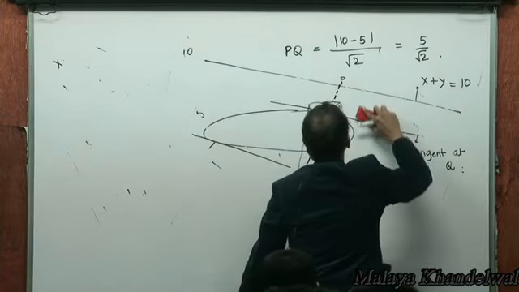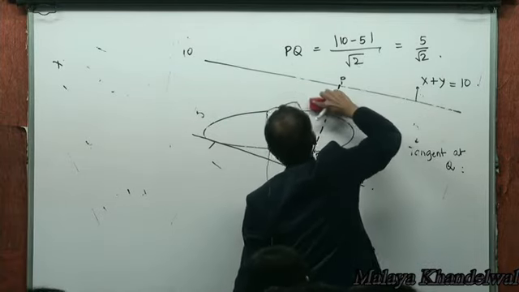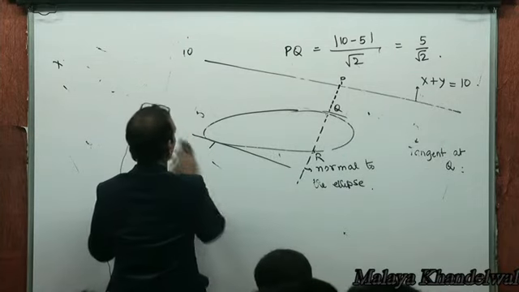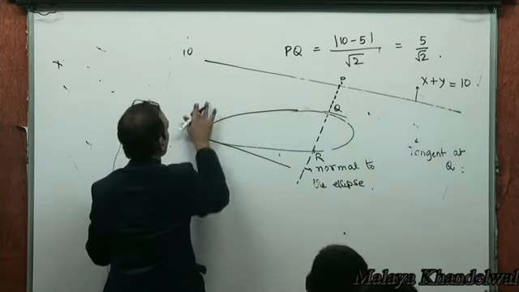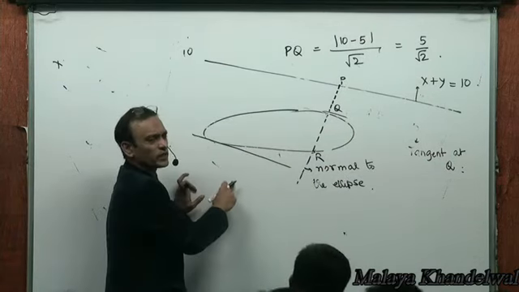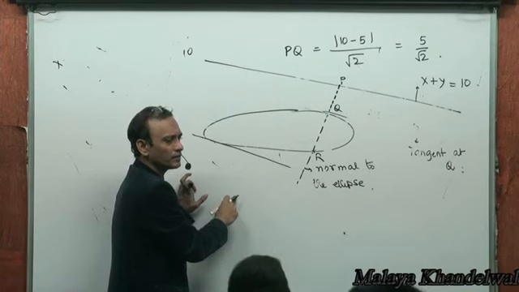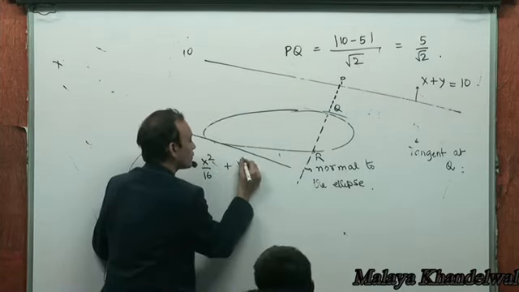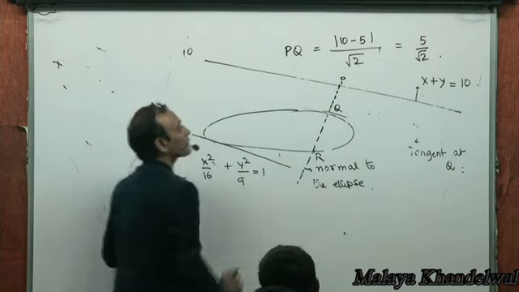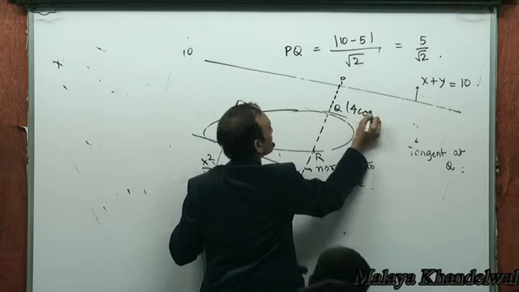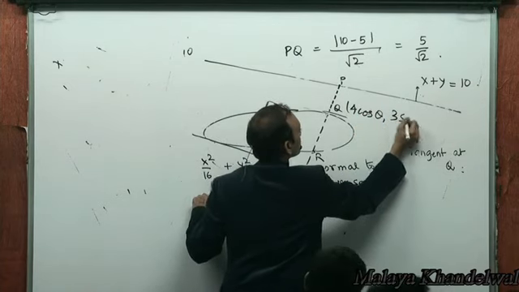So, without getting into all this, he said, well, what was this ellipse? X square by 16 plus y square by 9 equal to 1. Okay. Now suppose I took this point as 4 cos theta, 3 sin theta, A cos theta, B sin theta.